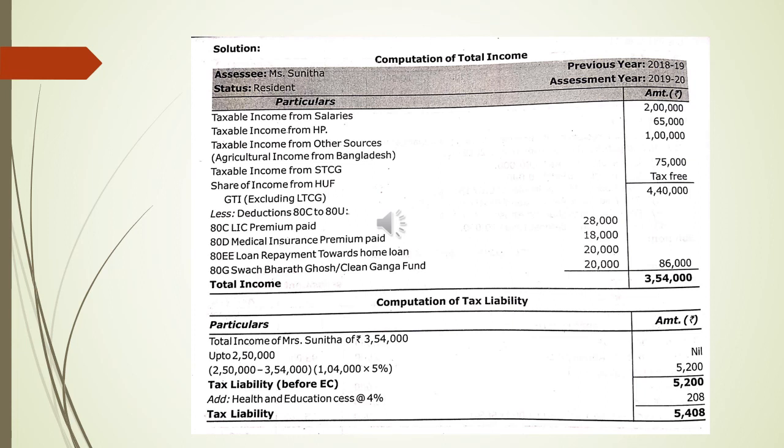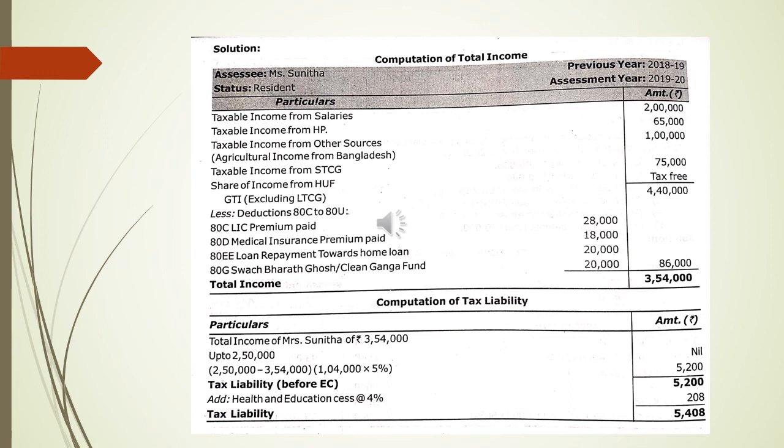Under the expenses, it is given life insurance premium paid 28,000 and the sum assured is 25 lakhs. So normally we take the premium, 28,000. Then medical insurance premium under 80D deductions, you can claim 18,000 or 30,000, whichever is less.